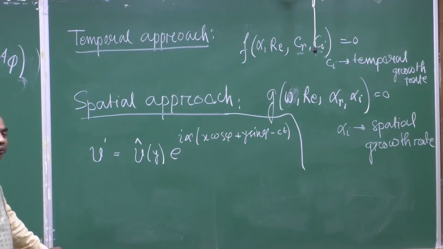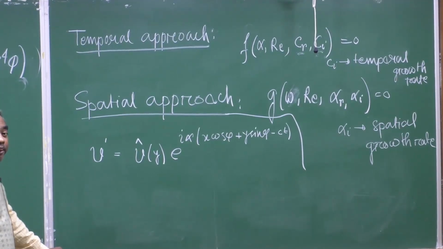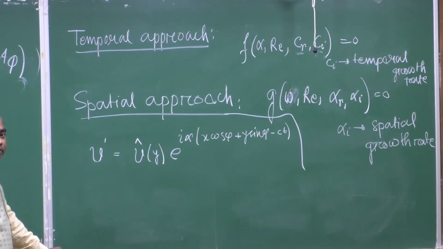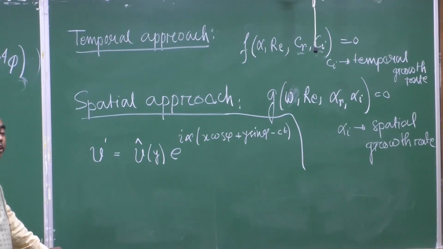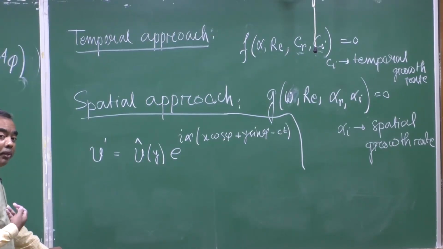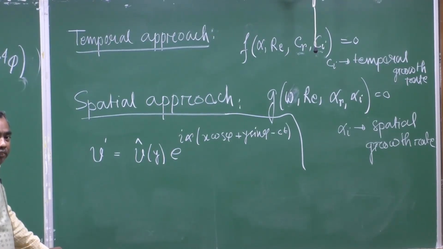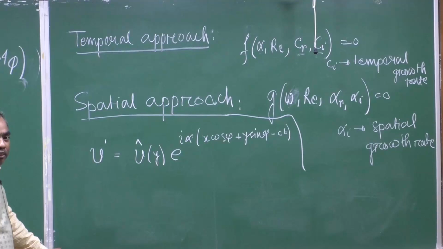Then we saw that a two dimensional disturbance for a two dimensional basic flow is more unstable and gives the minimum critical Reynolds number. So a two dimensional disturbance is more dangerous as compared to three dimensional disturbances.